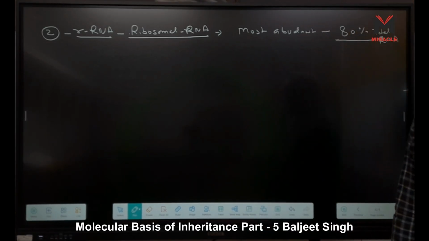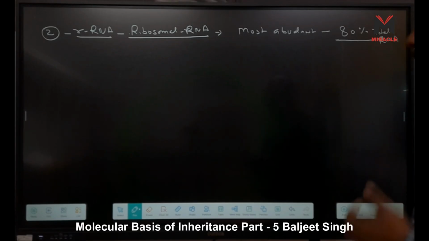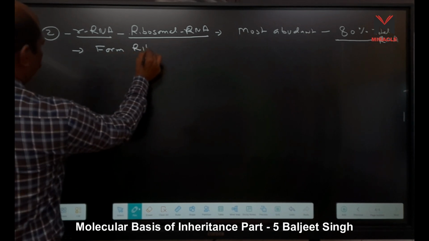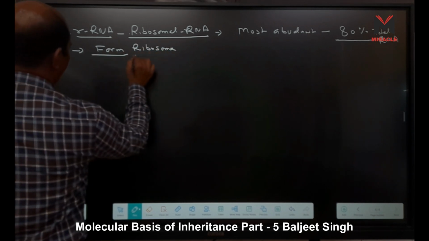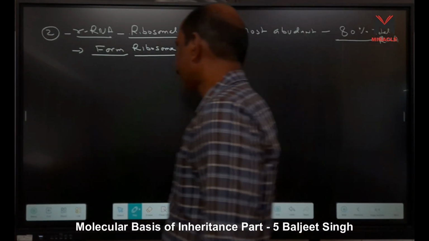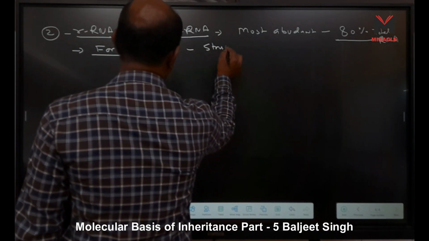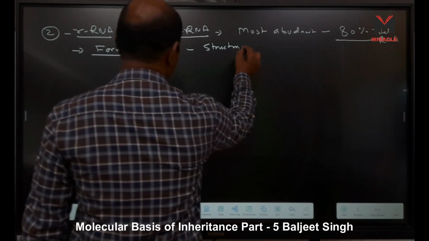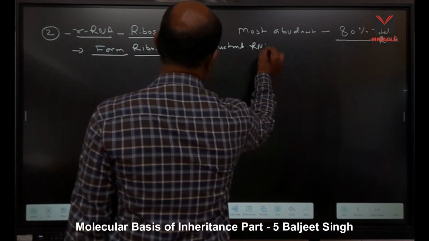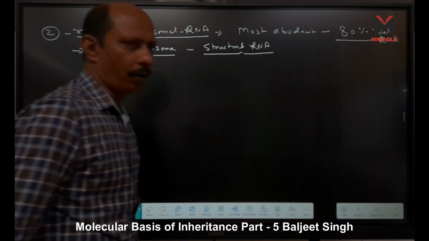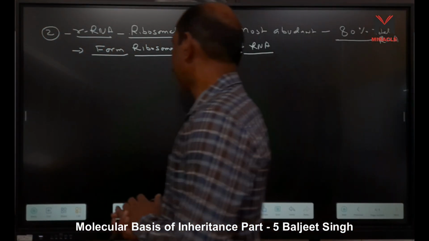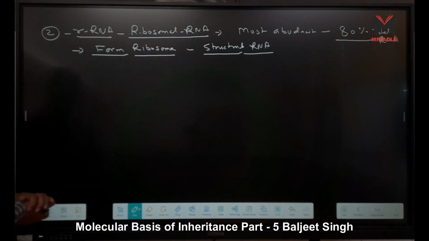It is a structural RNA, means it is responsible for the formation of ribosome, with protein. Okay, so this is the structure, we can say structural RNA. It provides a platform for translation, right? It provides the platform, ribosomal RNA.